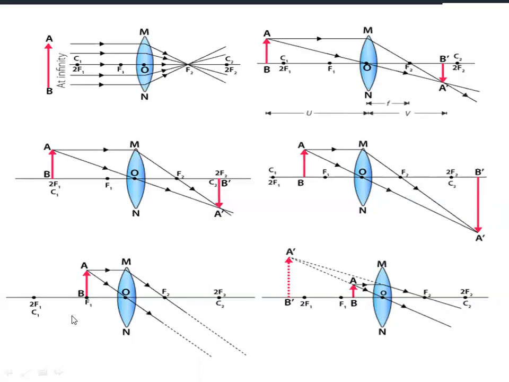And the third one, object kept at focus means image formed at infinity. Object kept between focus and the optical center, image is formed on the same side of the lens. I hope you understand this.